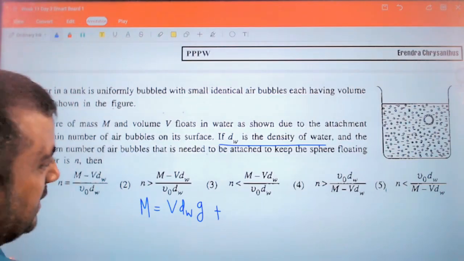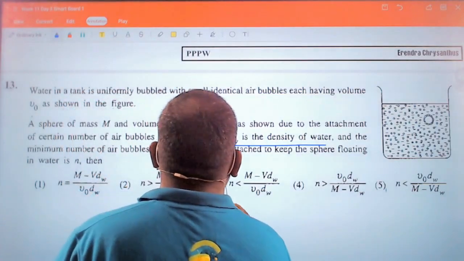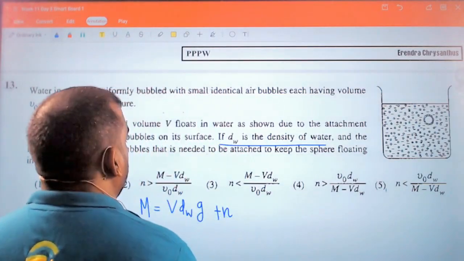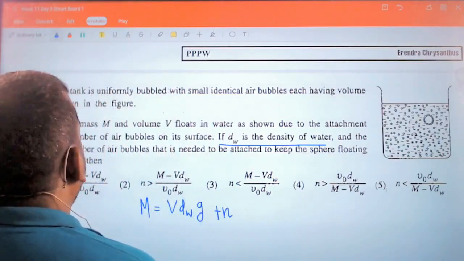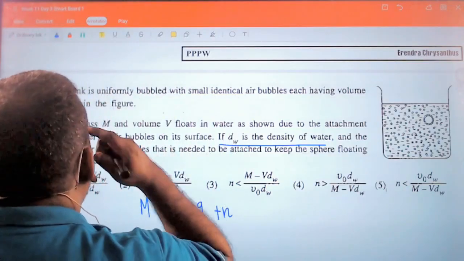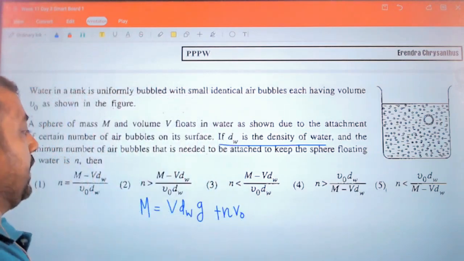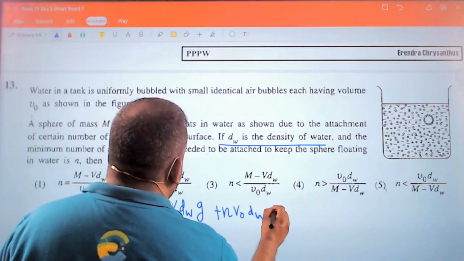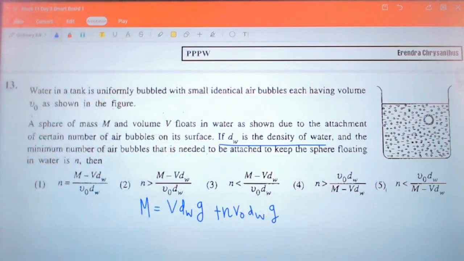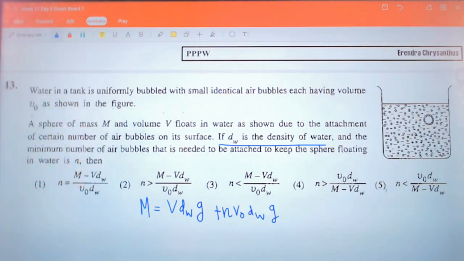The weight is negligible, but n number of small bubbles, V0 is the volume, n V0, upthrust density of water into g. Actually, this should be the density of the mixture, but we will take density of water. From here, we can simplify.